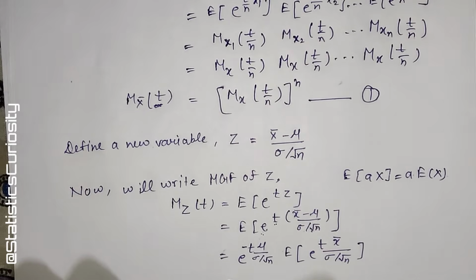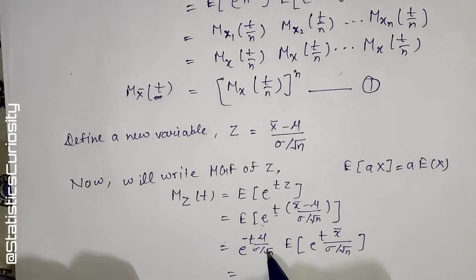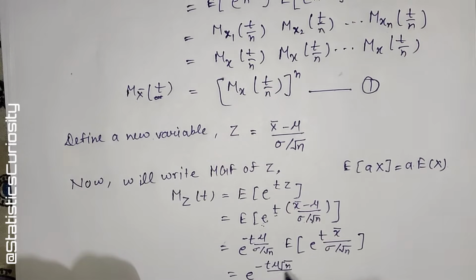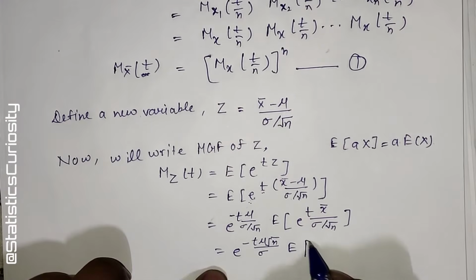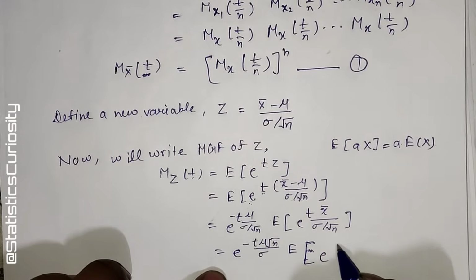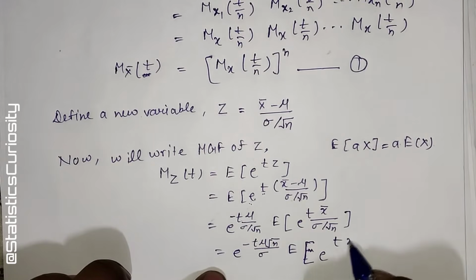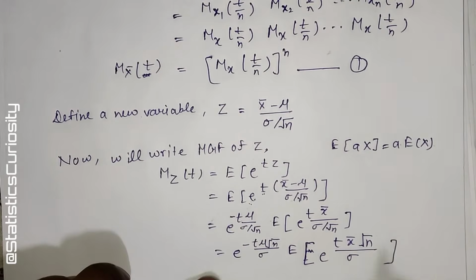We can take this under root n in the numerator and write it as e raised to the power minus t mu under root n divided by sigma, times expectation of e raised to the power t X bar under root n divided by sigma.